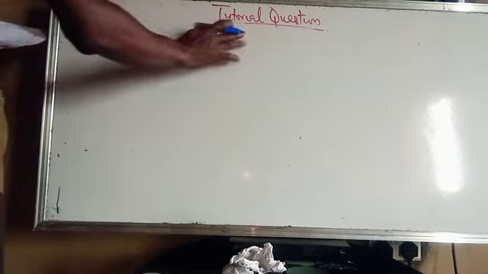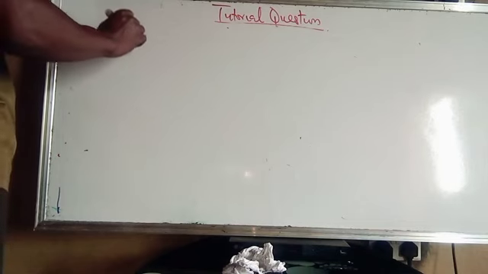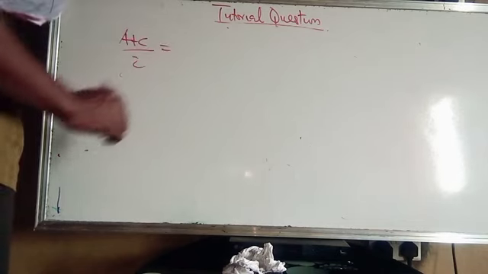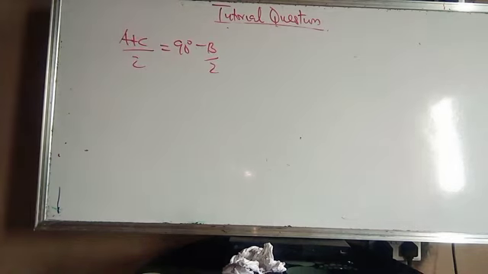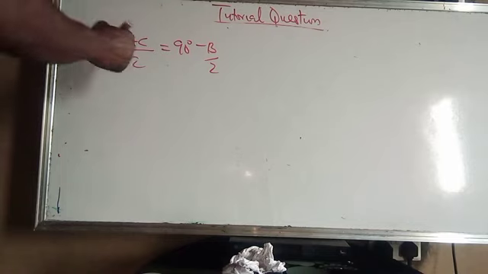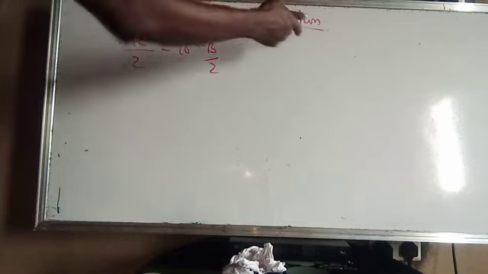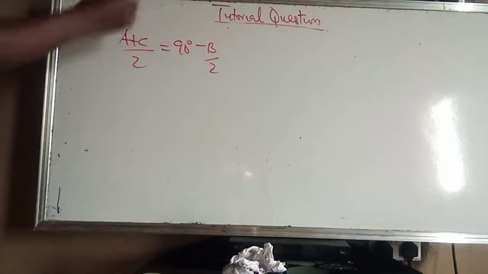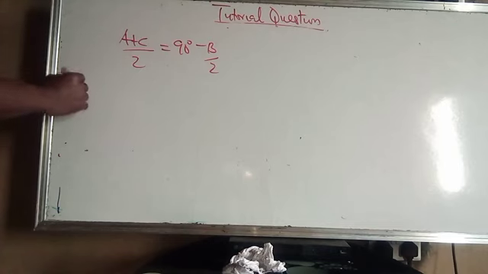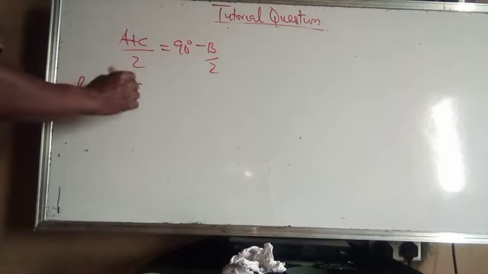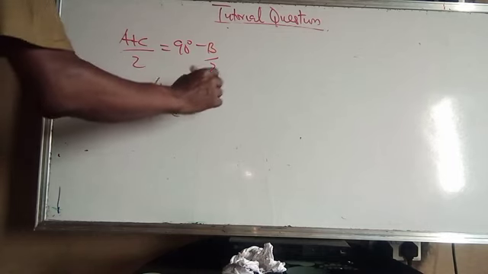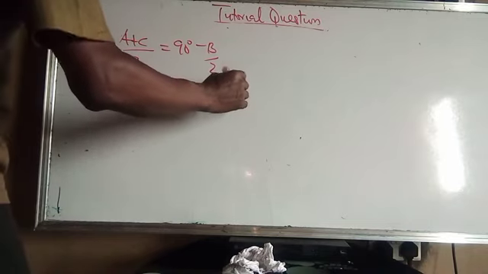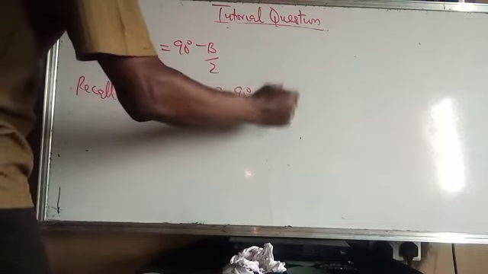I think you have seen how we get (A plus C) all over 2 to be 90 degrees minus B all over 2. So from what we have obtained, in the numerator we have cos (A plus C) over 2. We can recall from cofunctions of sine and cosine that cos (A plus C) all over 2 is the same as sine (90 degrees minus B all over 2).